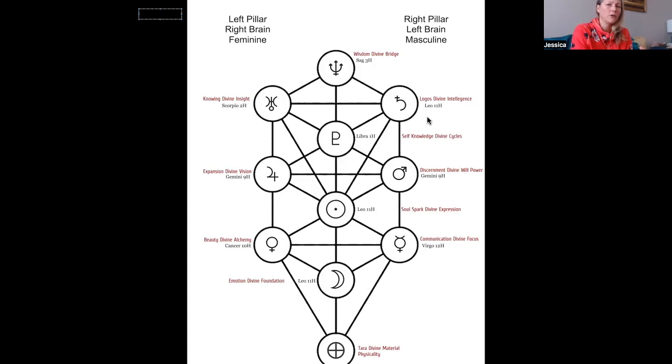So it's your experience of reality. Studying this one in particular, I find these top three are so important. They're the upper triad.